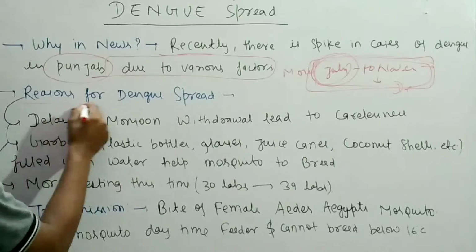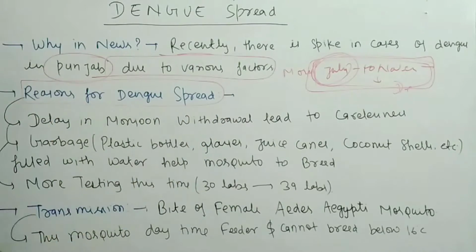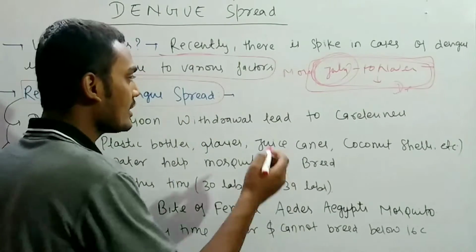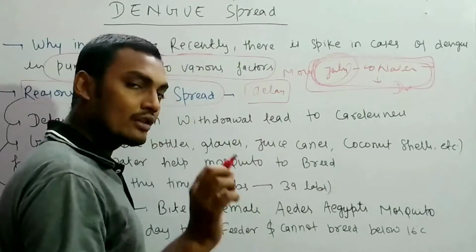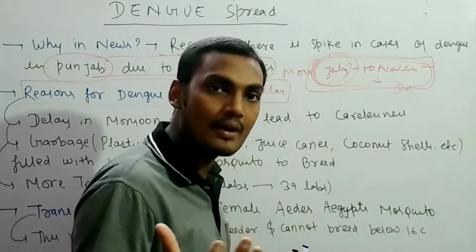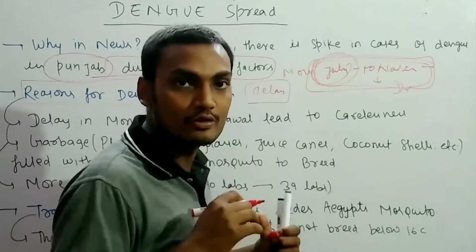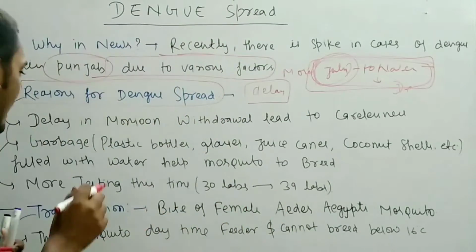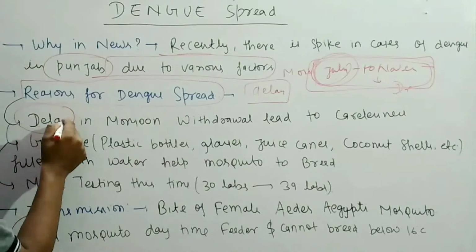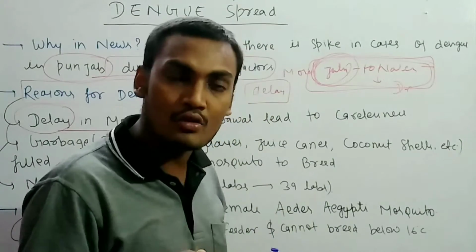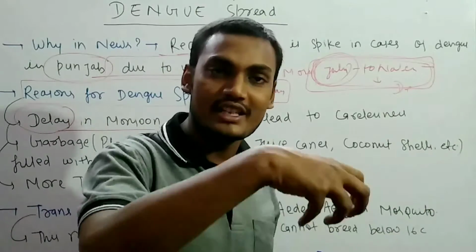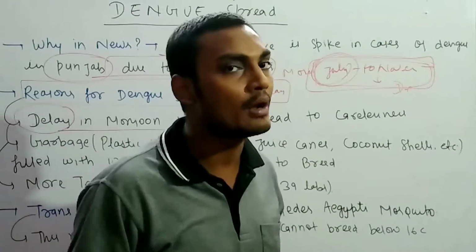So what is the reason for the dengue spread? Remember that recently there has been a delay in monsoon, shown frequently in the news. As you know, that led to the Kerala flood as well, in the Idukki area. So it has an effect here too. The delay in monsoon withdrawal led to carelessness. Sometimes people know that this is the month where we have to be careful about dengue.